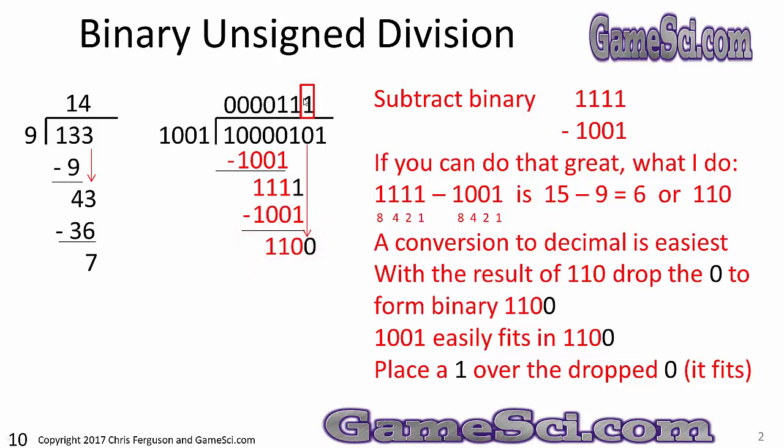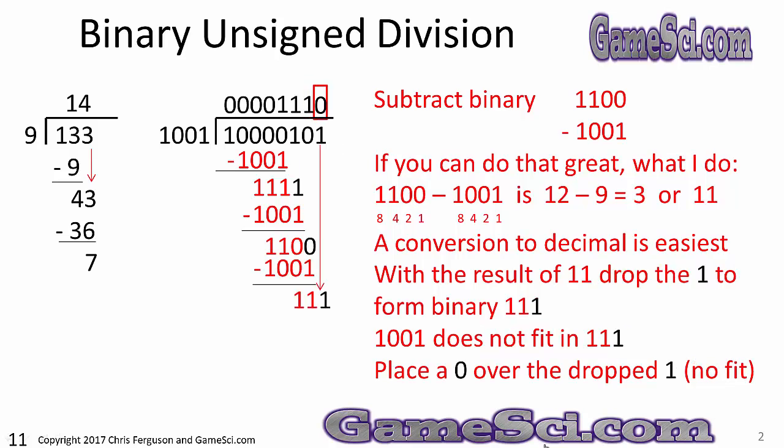If it doesn't fit, you put a 0 above it. Subtract binary 1100 minus 1001. If you can do that in your head, great. But what I do is quickly convert it to decimal. 1100 minus 1001 is 12 minus 9 equals 3, or 11. I think a conversion to decimal is the easiest way to do it.